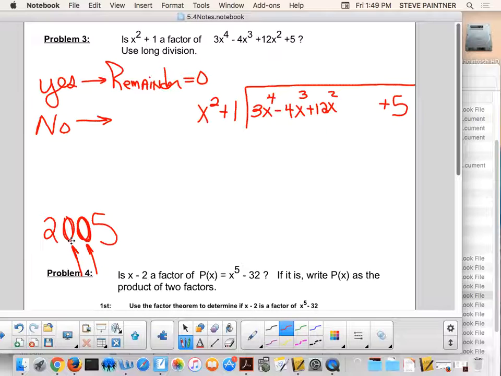You have 5 ones, no tens, no hundreds, but 2 thousands. That's 2005. Without these 2 digits, this number wouldn't be 2005. You have to put 0x here. If you didn't put that, put it now, and then start working the problem. You're going to get it wrong if you don't put it.